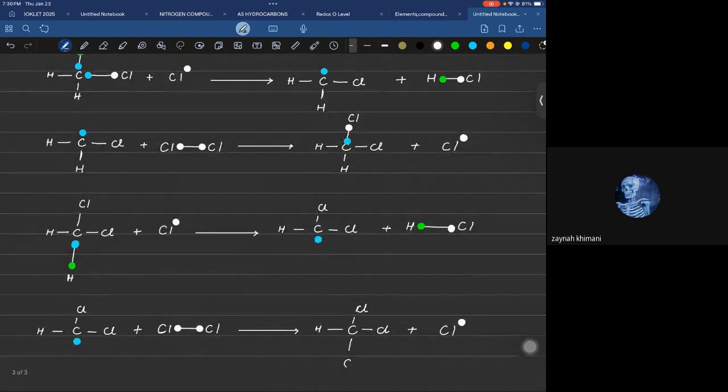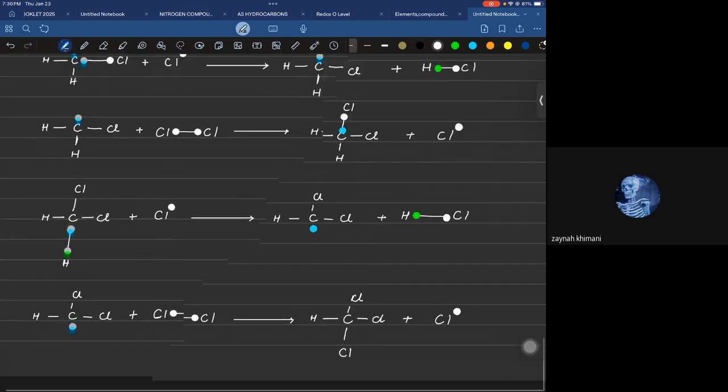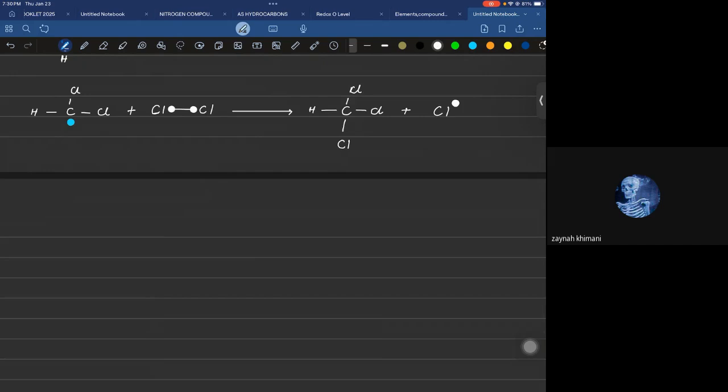Now you can see, three chlorine atoms are attached so far, basically, okay? Only one hydrogen is remaining.